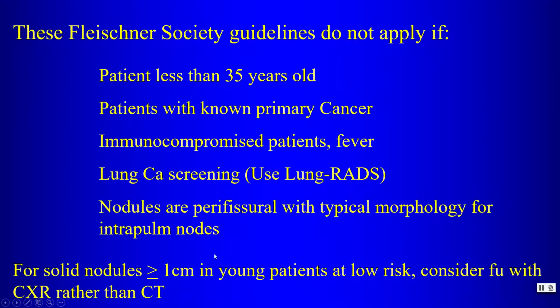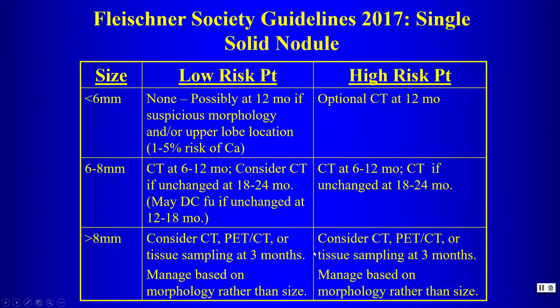And also in the Fleischner Society guidelines and the newer guidelines, they tell us that if we have a young patient with a nodule of about 1 centimeter, we might consider a follow-up chest radiograph rather than CT for evaluating that nodule.